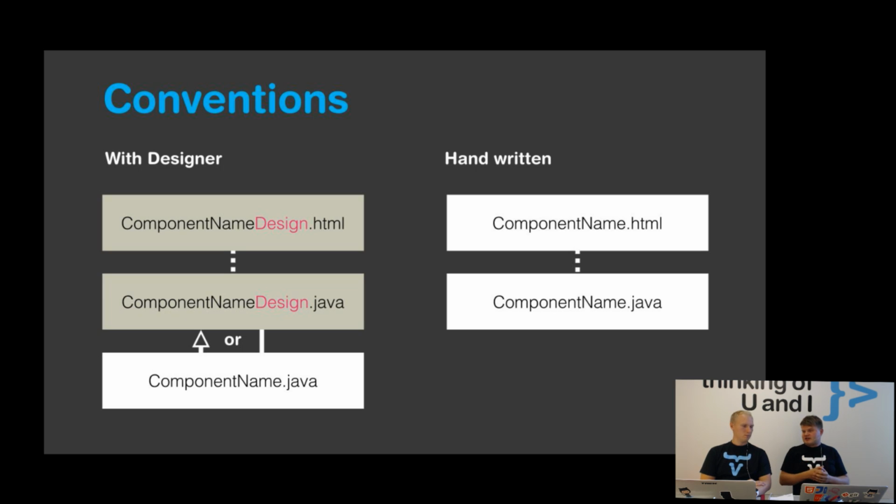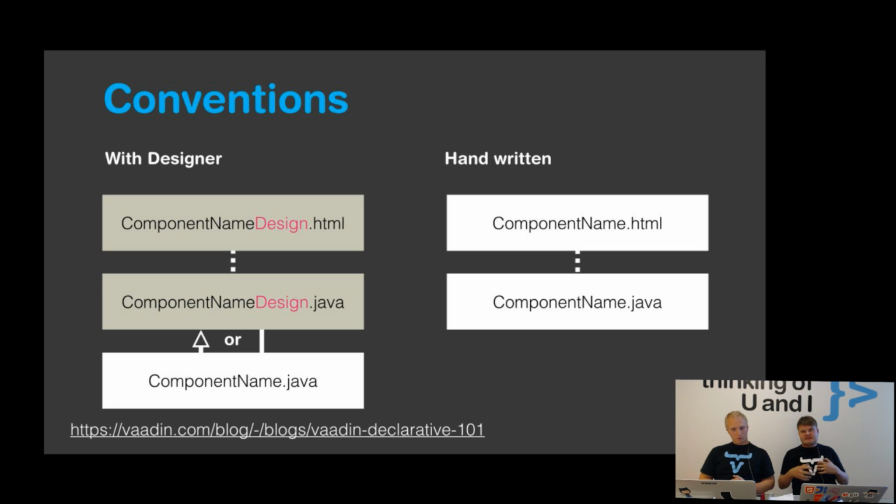So it's nice and clean. And because it's extending or using this generated Java code, you get all the benefit of static typing. There is also a blog post about this, so search for Vaadin Declarative 101 on the Vaadin blog. It repeats this and gives more code examples.